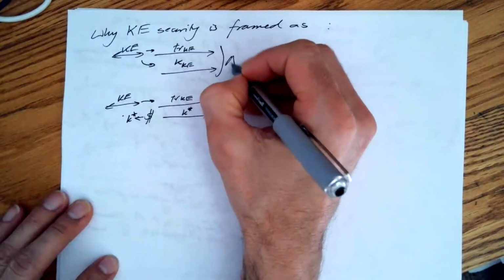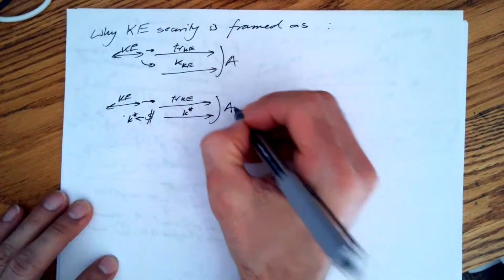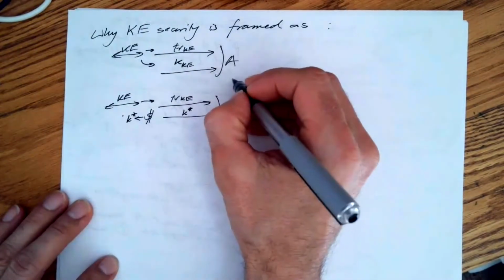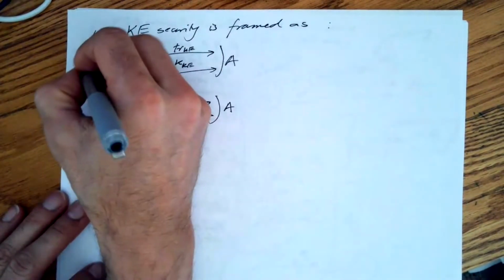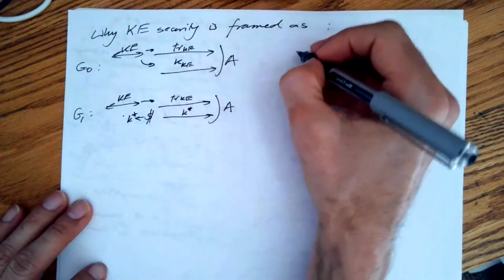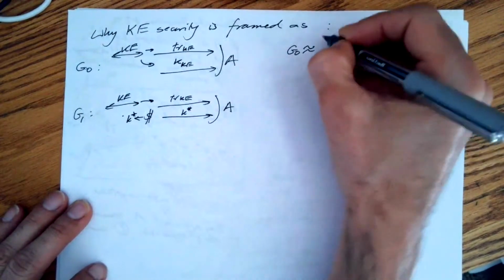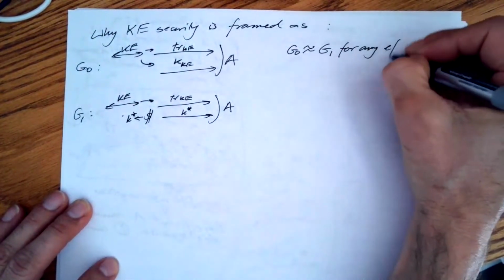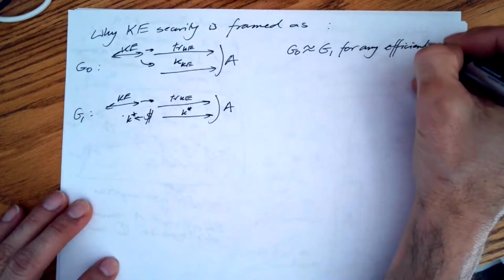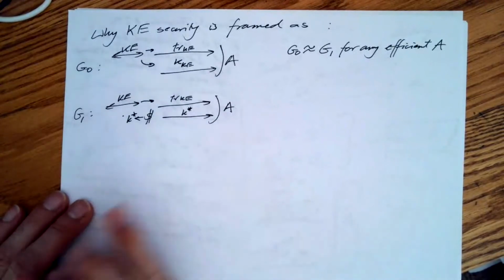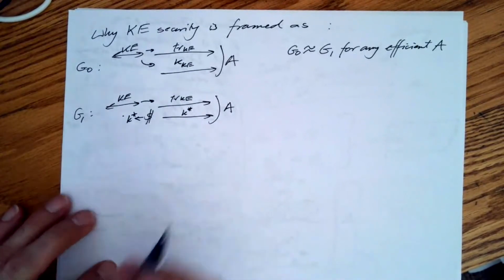And these are given to the adversary, and we say game 0, game 1, that G0 is indistinguishable from G1 for any efficient A. Okay, so why is this a useful way to state things?